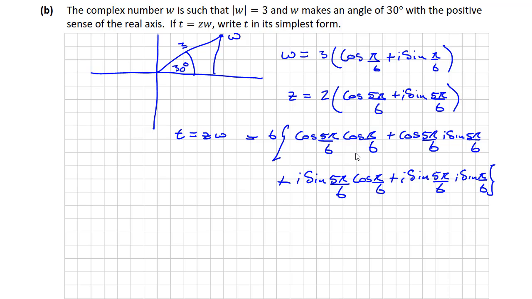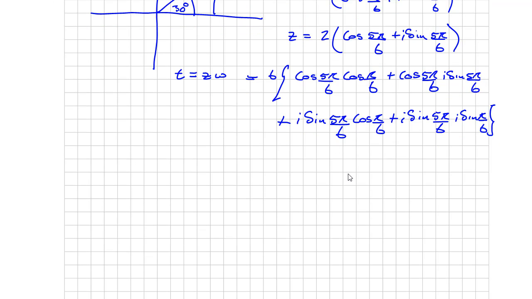Okay, so we're going to tidy this up a little bit. We can rewrite that as 6 outside of cosine 5 pi over 6 cosine pi over 6.